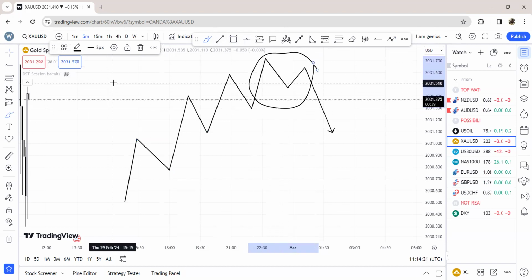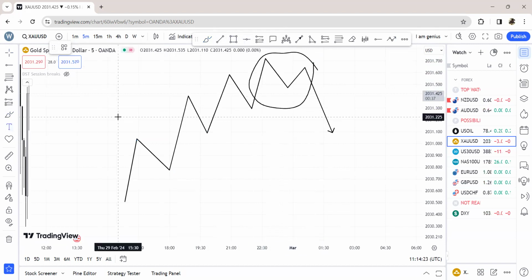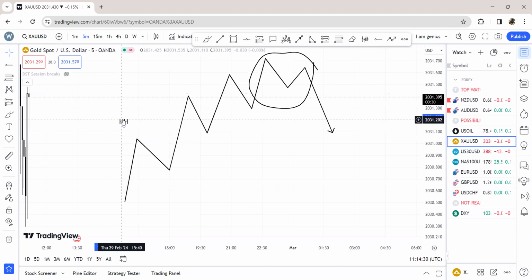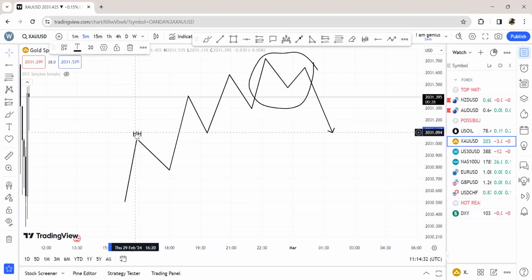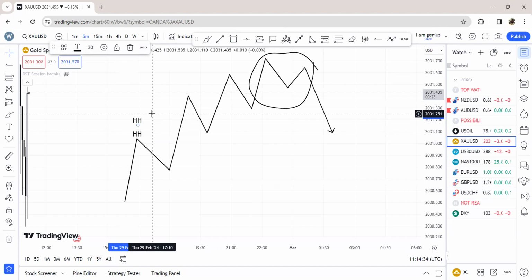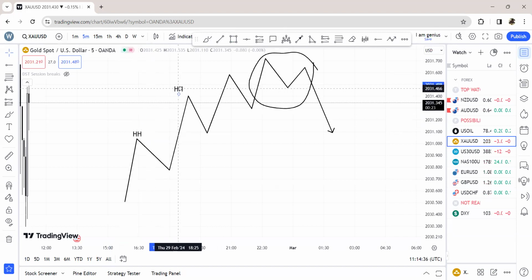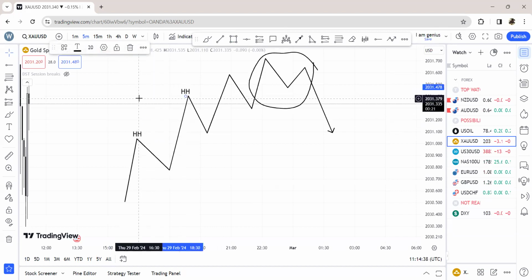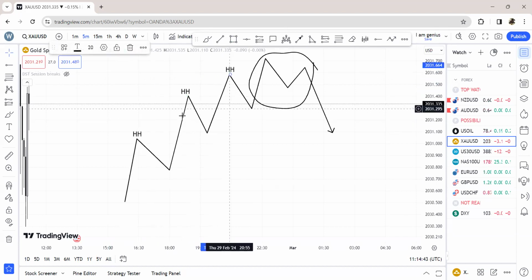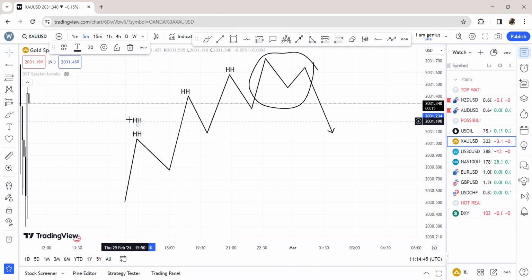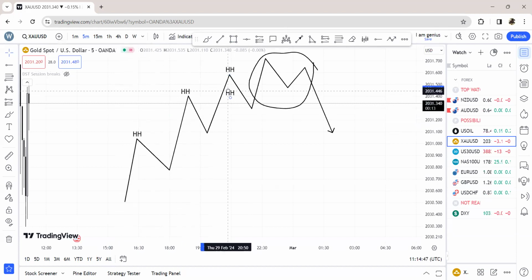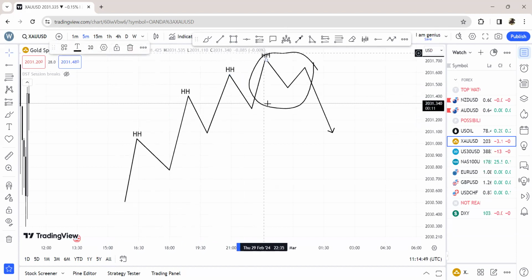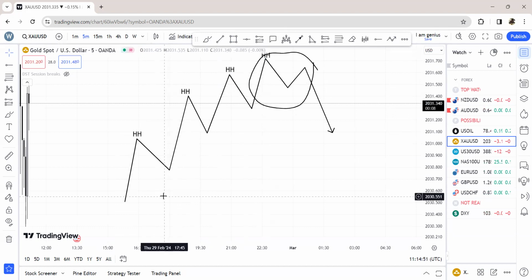You notice that in order for an uptrend to exist, it needs to have, I'll denote this as HH, higher highs. It needs to continuously make these higher highs, and higher lows.